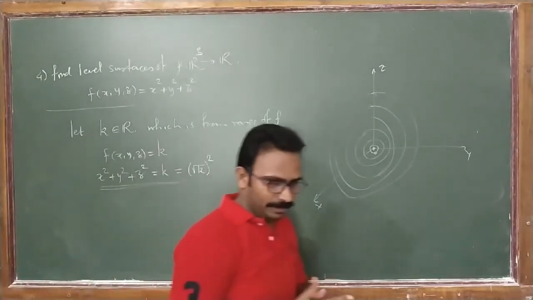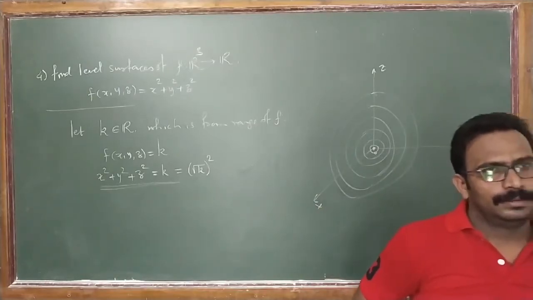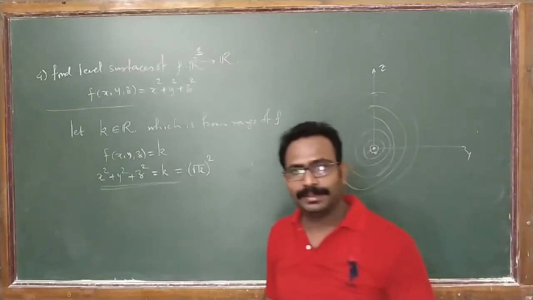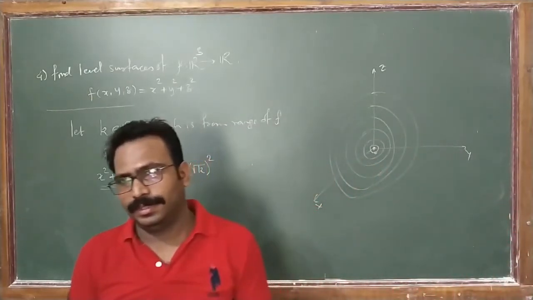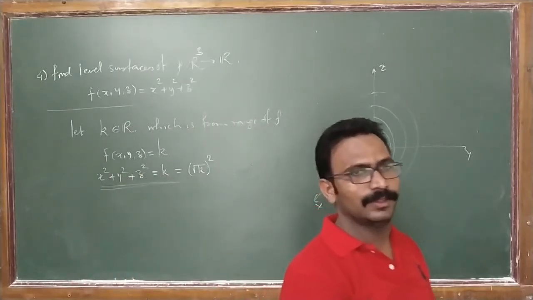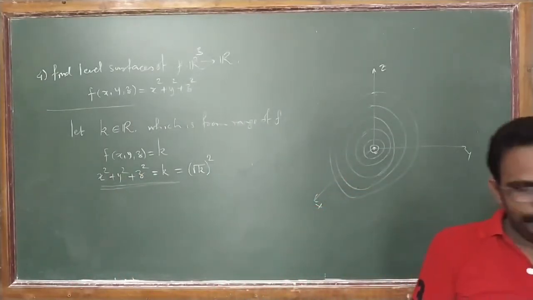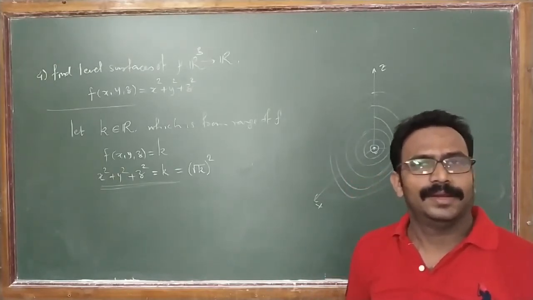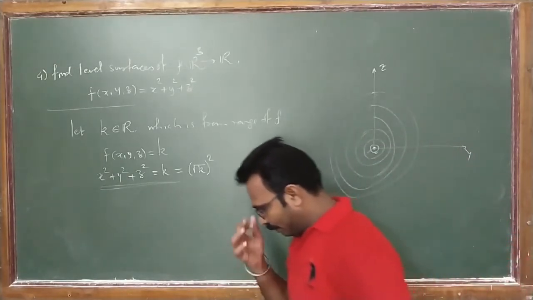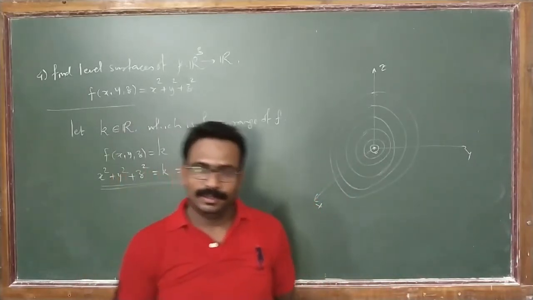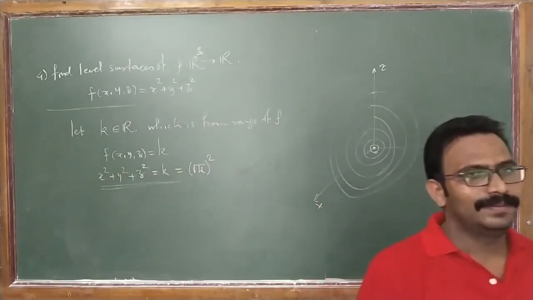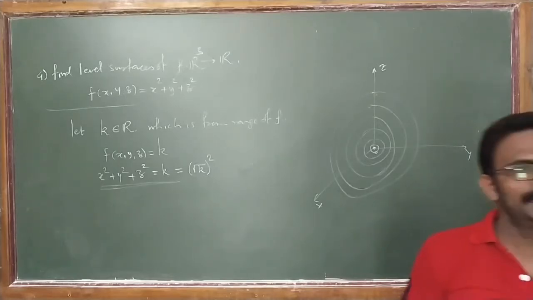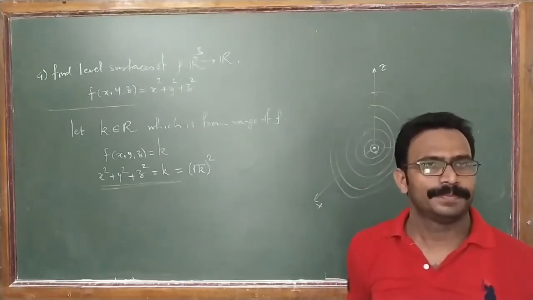So we have seen the definitions of 2 variable and 3 variable functions. We have seen how to draw their graphs, their domains, their range, and the level curves and level surfaces. It is very difficult for us to draw graphs of difficult functions in 3-dimensional or 4-dimensional space.